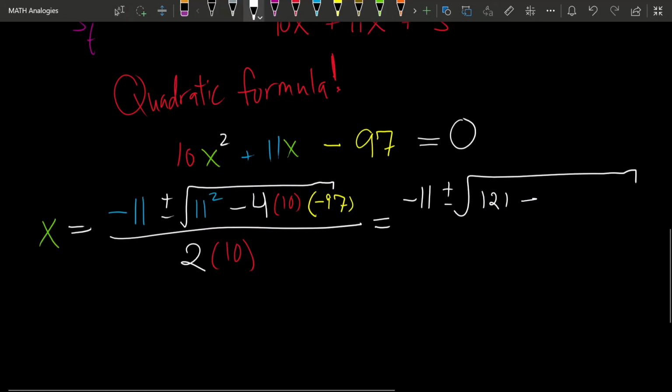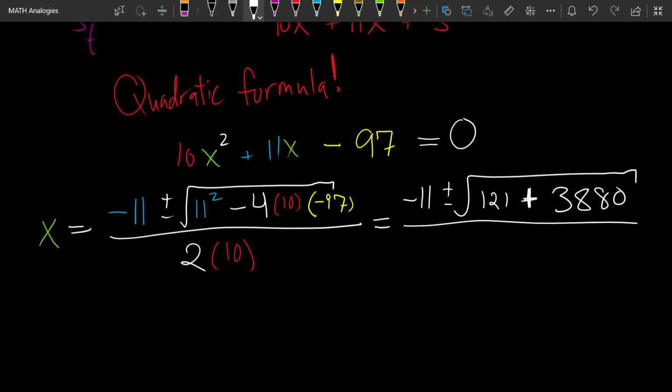And then we need to subtract 4 times 10 times negative 97. Well, when we do negative 4 times negative 97, that's actually going to give us a positive number here. That's awesome. And let's just type this in a calculator. So we have 4 times 10 times 97. Ooh, that's big. So 3,880. And we divide all of this by 2 times 10, which is 20.